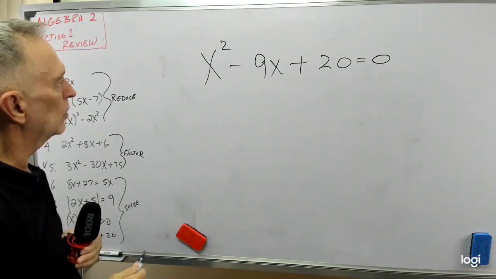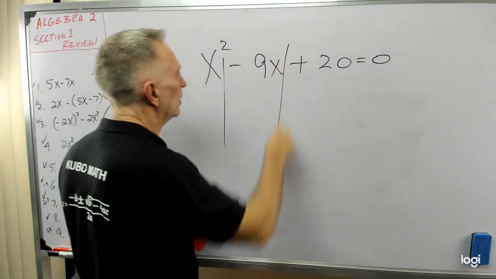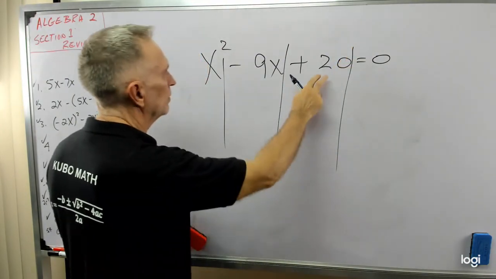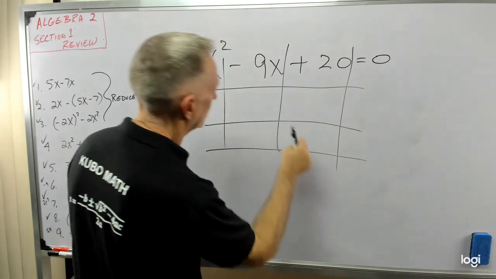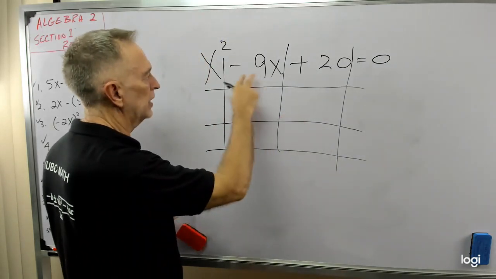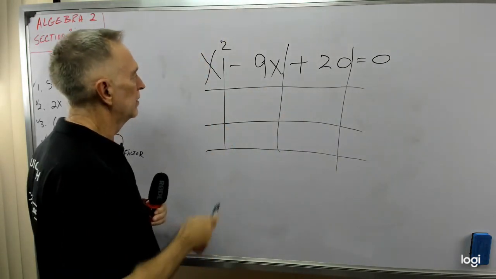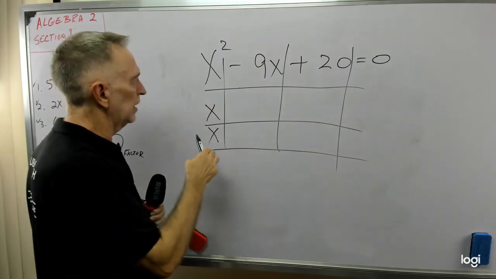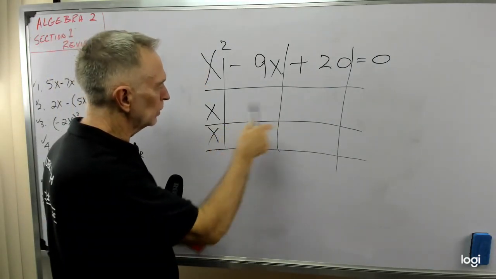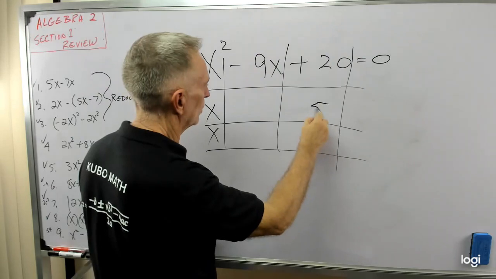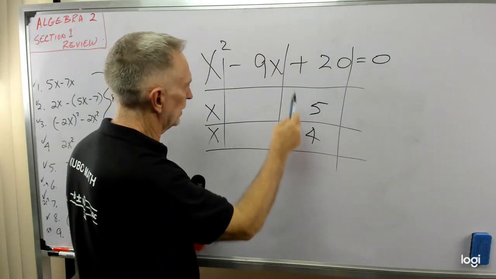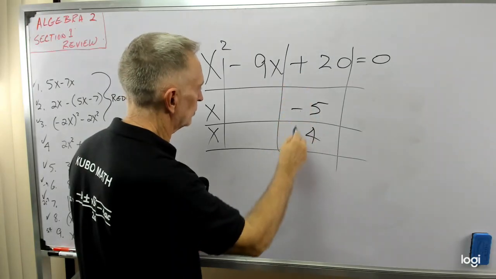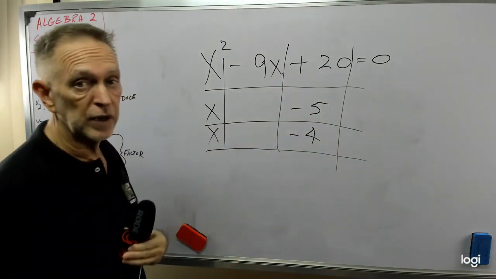All right, so I can factor. I need factors of 20, positive 20, that when I add those factors together give me a negative 9. Of course, I know this is x times x. Okay, 5 and 4. 5 times 4 is 20, but they end up being negative, and this is positive, so this would be negative times negative.